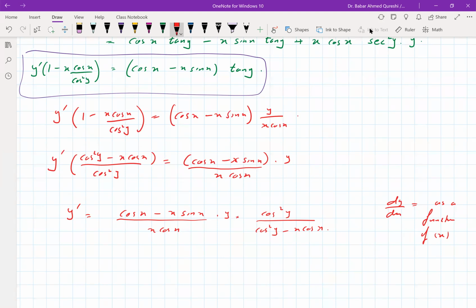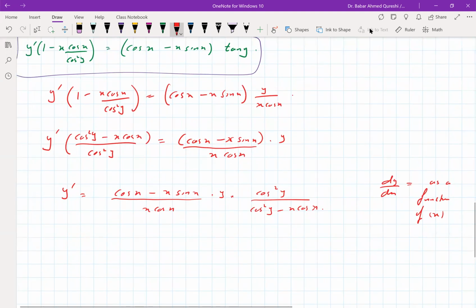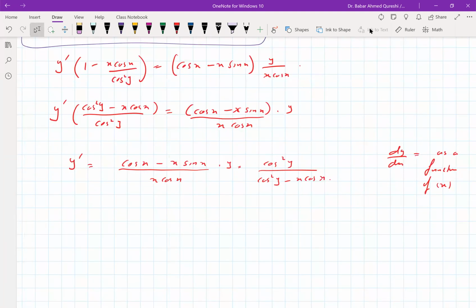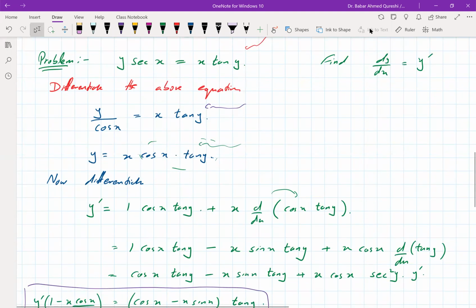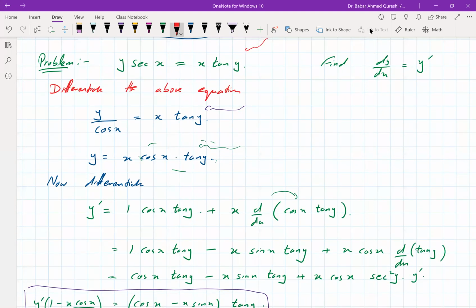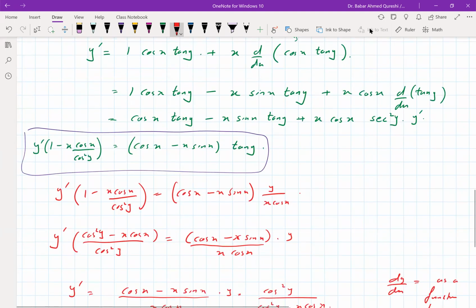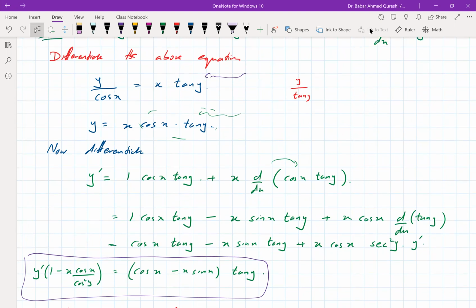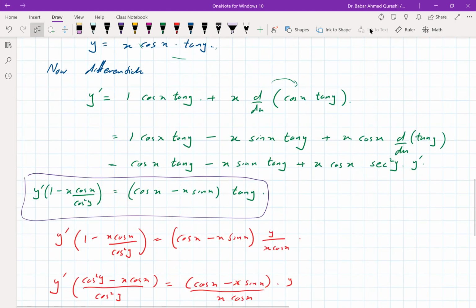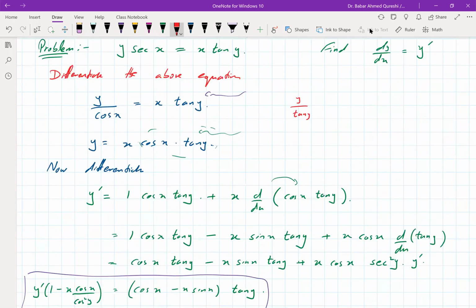Doing that is usually not that easy unless you are putting in a value, or you can use it in some intelligent way. So for example, from here, I see y over tangent y. Tangent y was y over x cosine x. So y is x cosine x.